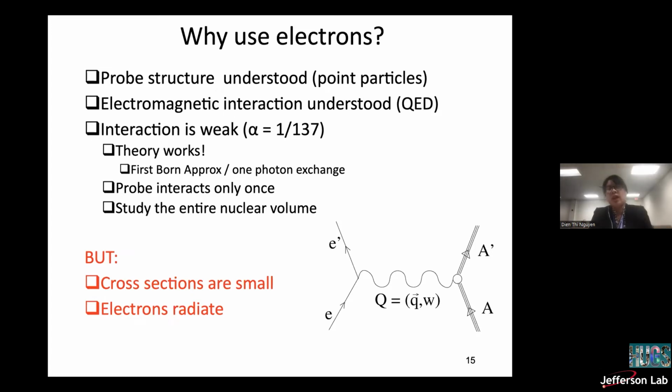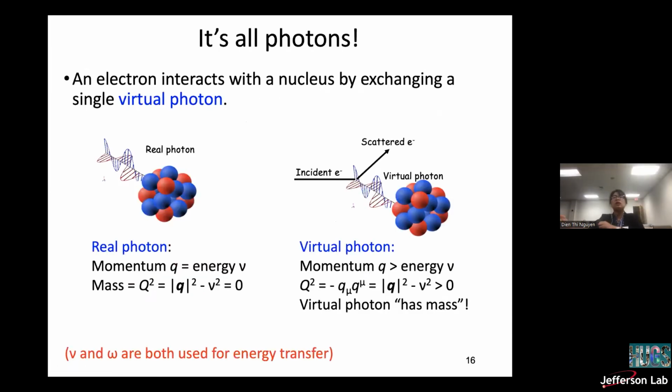But of course, it also has some disadvantages, like the cross-sections are small and electrons radiate. That is a type of correction we need to take into account if we want to understand nuclear structure. I will come back to the issue of small cross-sections and how we're going to handle that.